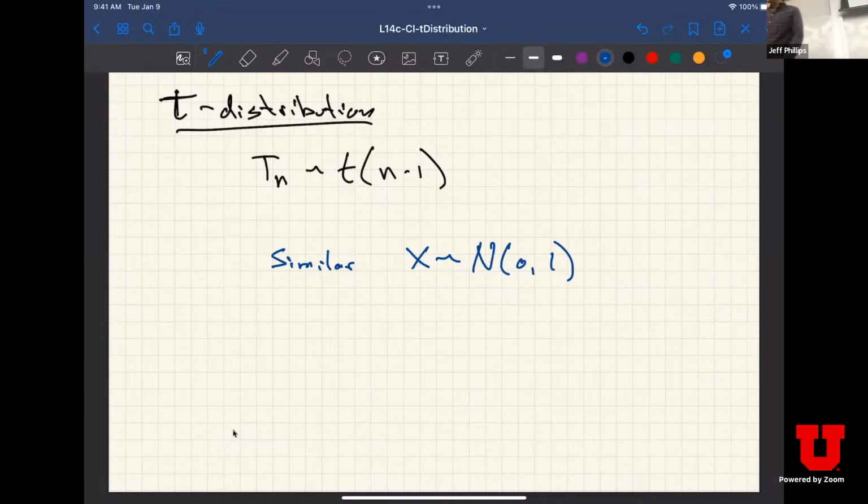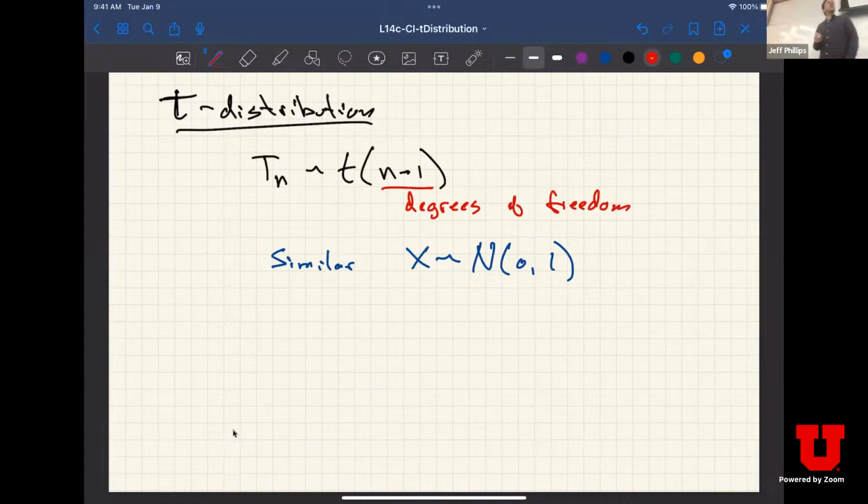But this only has one parameter. It's written as n minus 1, and this is called the degrees of freedom.